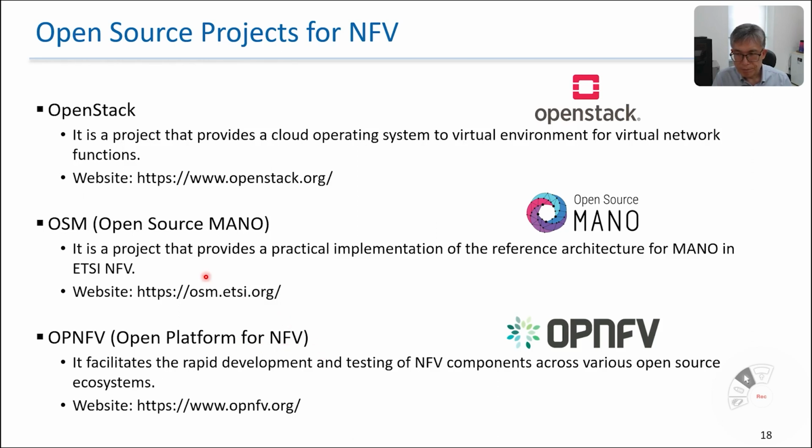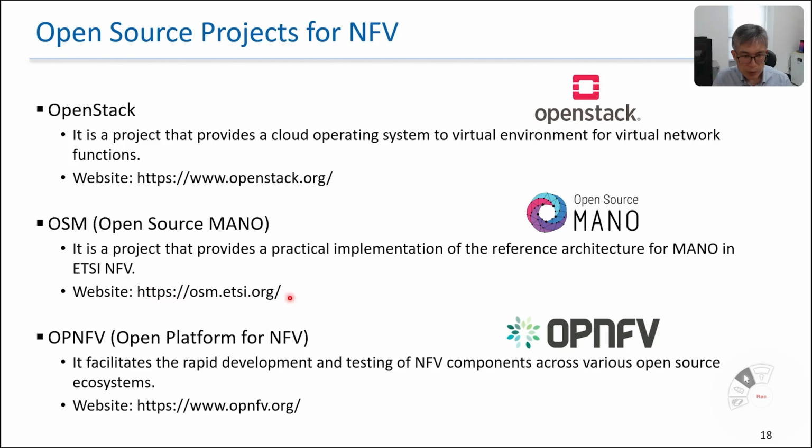OpenStack is a project that provides a cloud operating system and virtual environment for virtual network functions. You can visit this link. OSM is a project that provides a practical implementation of the reference architecture for MANO in ETSI NFV.